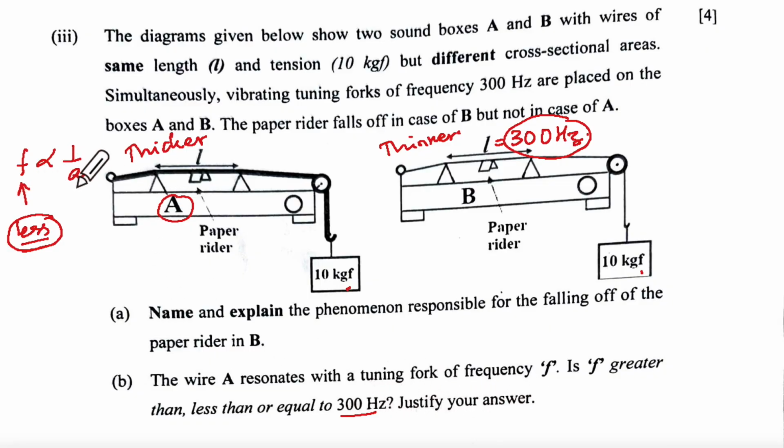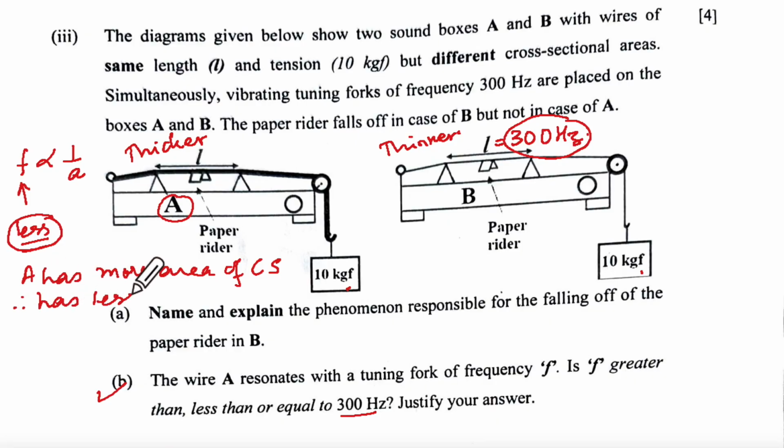So we have to just mention it this way: in your B part you will say A has more area of cross-section, therefore has less frequency, and you will say that frequency is inversely proportional to the area of cross-section.